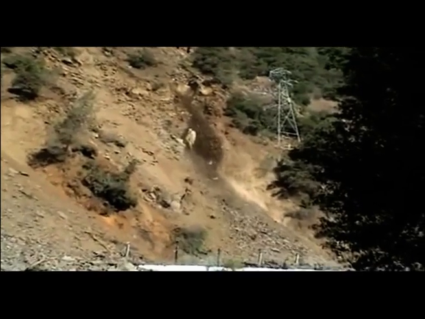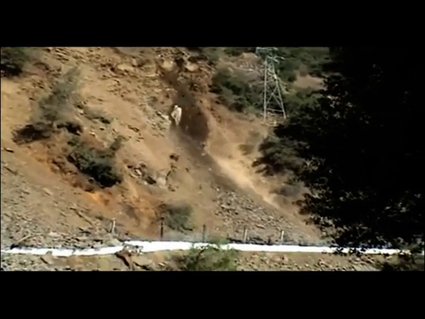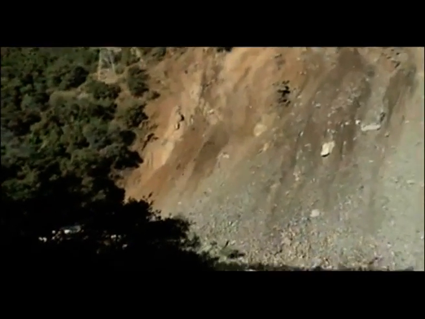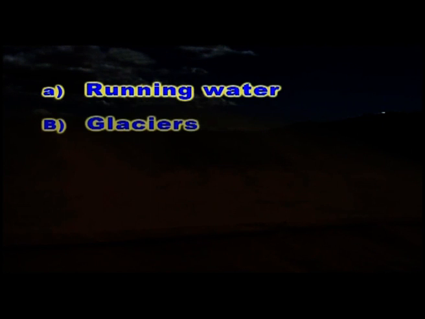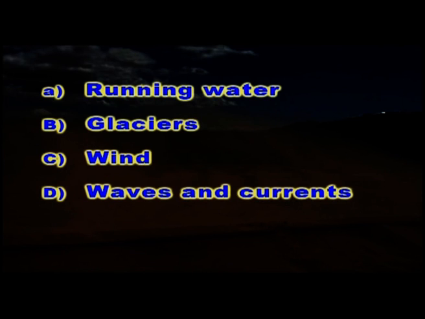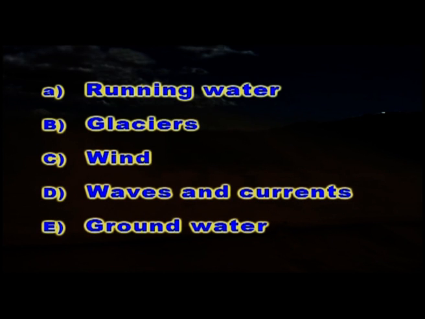The notable geological agents that are capable of eroding, transporting and depositing the mass from one place to the other are running water, glaciers, wind, waves and currents, and groundwater. These are also responsible for creating numerous landforms all over the world.